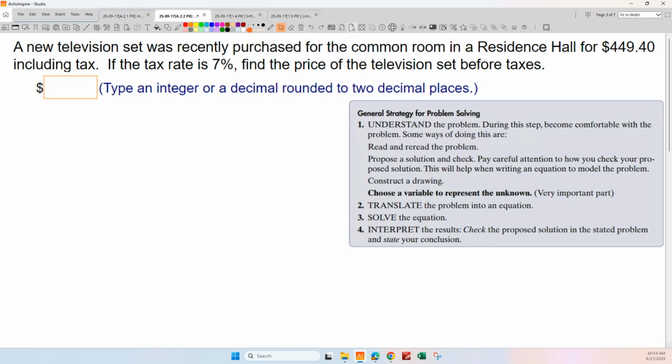Okay. First thing we want to do here is identify what is the unknown or the variable here. What are we trying to find and what we don't know at this point? The price before tax. Okay, so we're going to call that X and we're going to write that down.